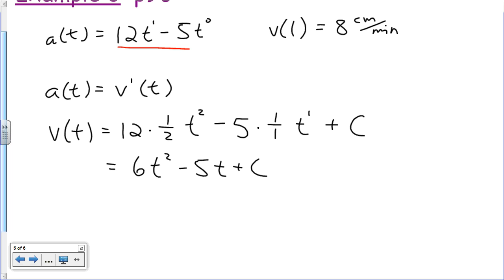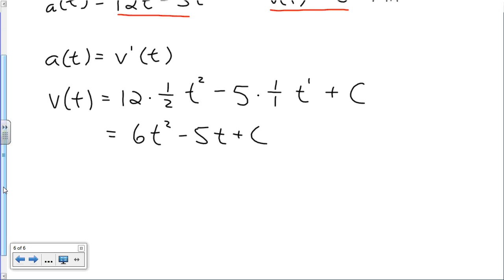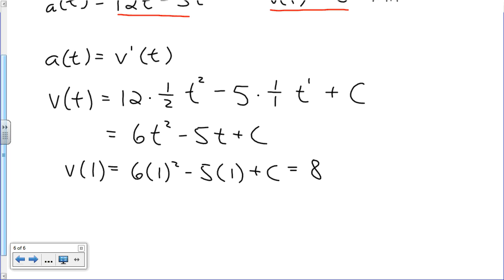And we call it a general equation because I still have that c in it. But they told me that velocity at time t equals 1 is equal to 8. So I can substitute that into this equation and solve for c. That is, v of 1 has to give me 8. When I plug in 1 into my velocity function, I'll have 6 times 1 squared minus 5 times 1 plus c, and that's supposed to give me a value of 8.